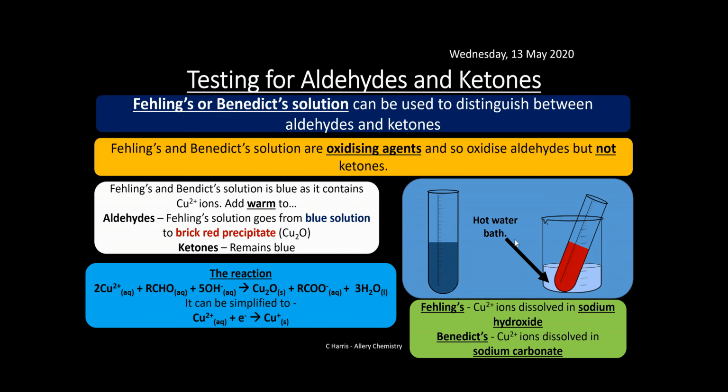The overall reaction you need to know is the simplified version: the copper 2+ receives an electron and forms copper +. The copper + is the red precipitate of copper oxide that we form. So you can see the copper is effectively being reduced, going from 2+ to 1+.